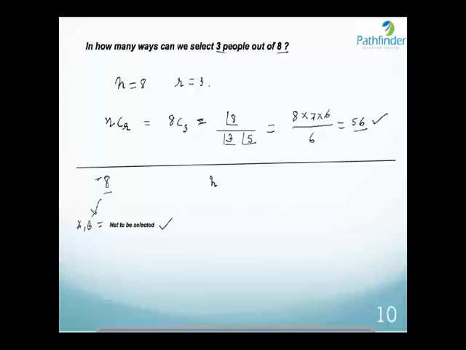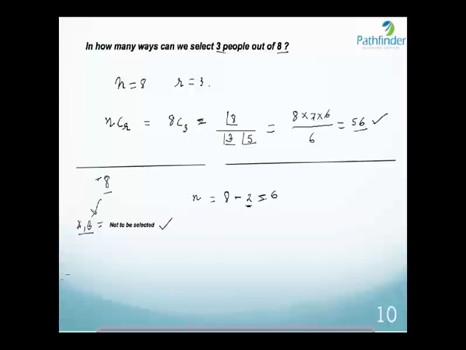N now would become 8 minus the number of those people we cannot select. So n is equal to 8 minus 2, that is equal to 6. So effectively, if a few people cannot be selected, then the value of n will reduce by that number of people.